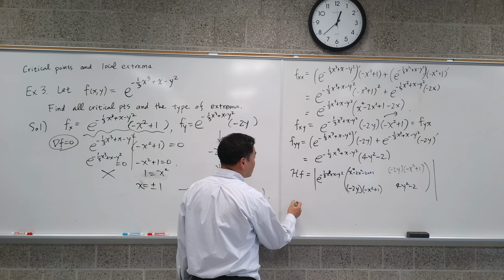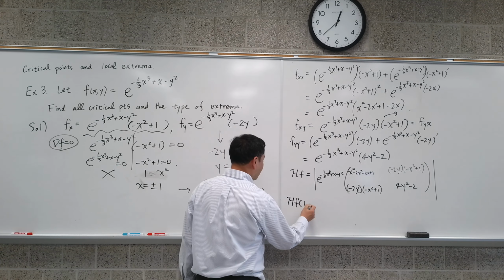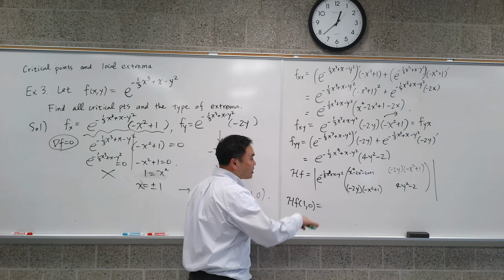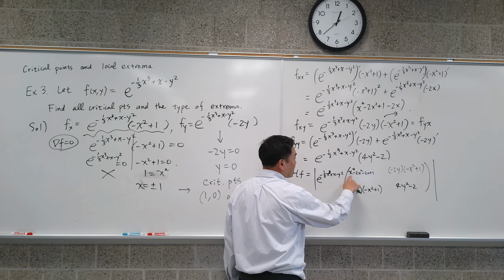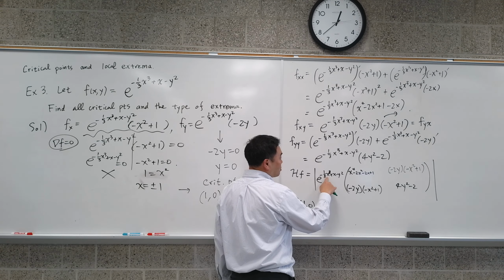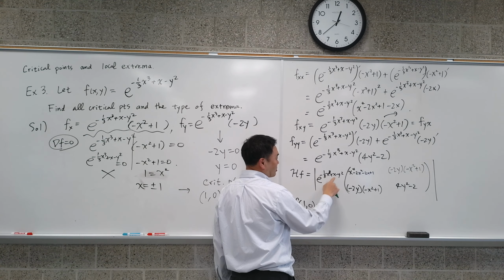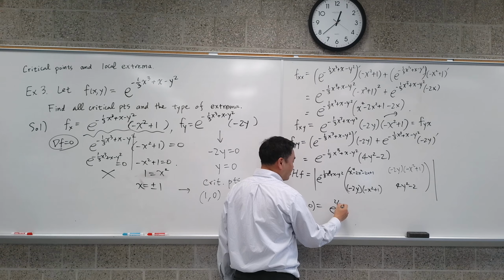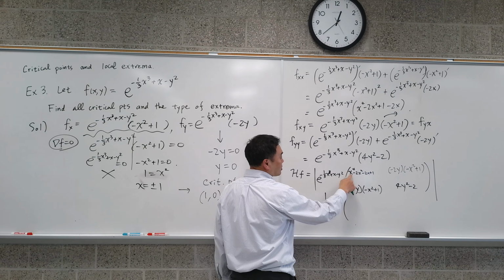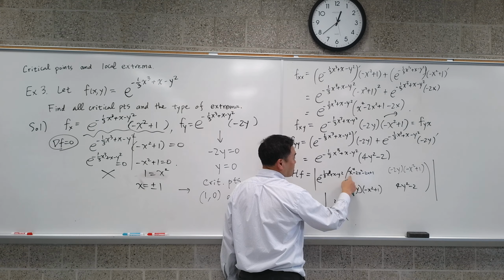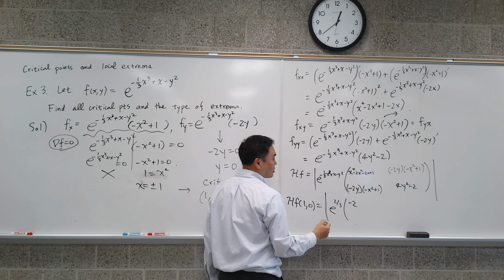All right, so what do you get if you do Hf at 1 comma 0? That means I'm plugging in 0 into y and 1 into x. So if I plug in 1, well, it's some positive value. Let's see. If I plug 1, 2/3, yeah. So I get e to 2/3, okay? And then you get 1 plugged in, so you get negative 1, negative 4, negative 2 on the x-axis, okay?